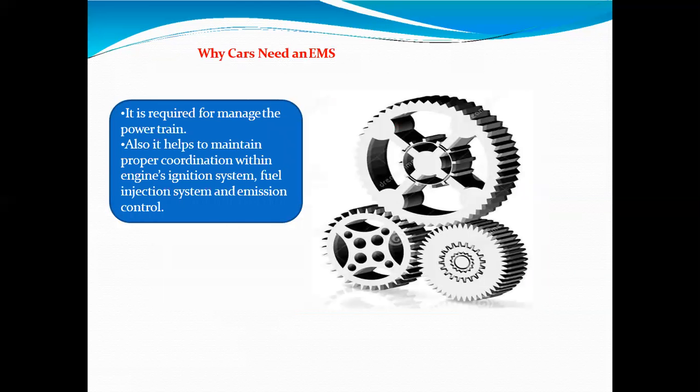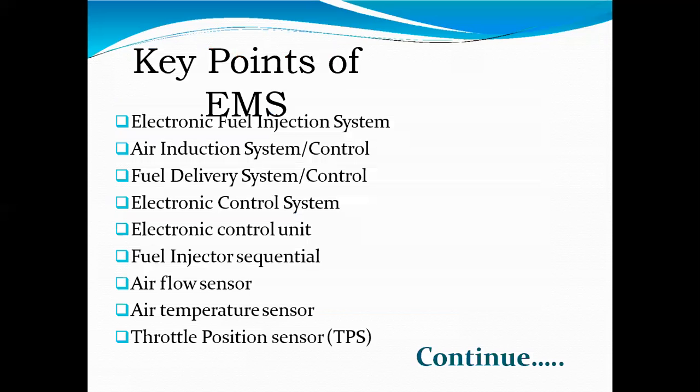Why do cars need an EMS? As I already told, it is required to manage the powertrain. It also helps to maintain proper coordination between the engine ignition system, fuel injection system, and emission control. All these functions should happen in a particular order and particular execution. So we need an EMS. These are the key points of EMS.